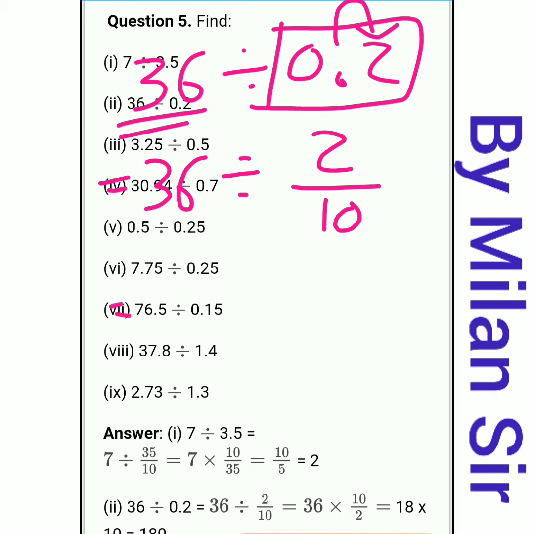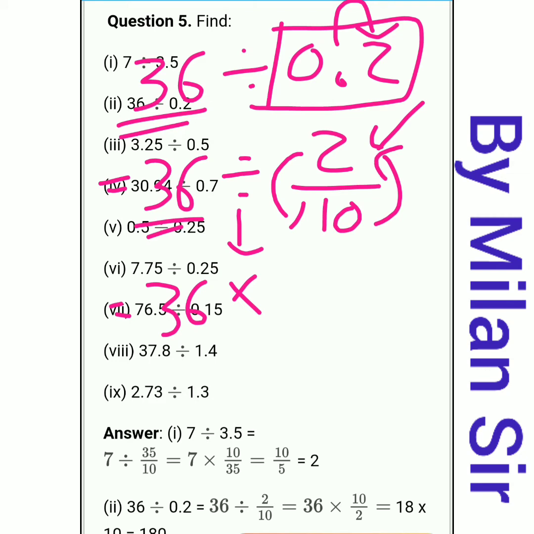Now our first number 36 remains as it is. Now we can convert this division into multiplication, and for that we need to take the reciprocal of 2 by 10. So 2, which is present in the numerator, goes to the denominator, and 10, present in the denominator, goes to the numerator. So it becomes 10 by 2.